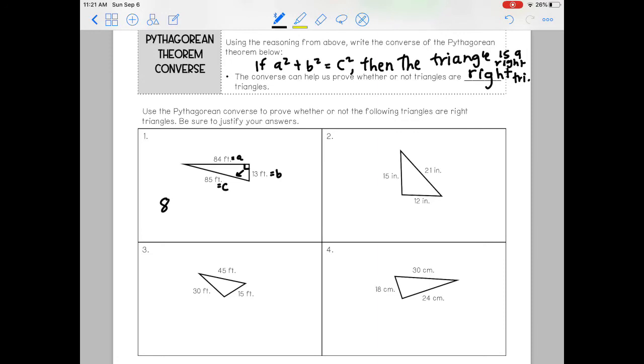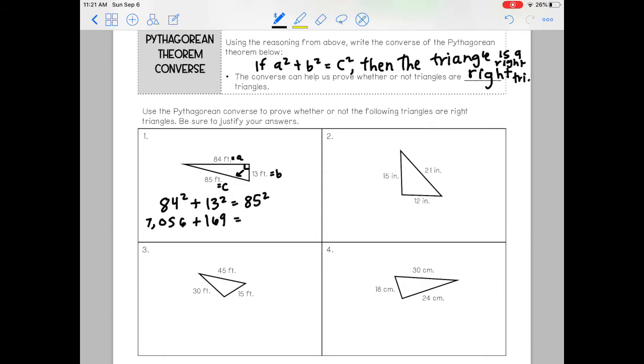So if A is 84 squared plus B is 13 squared equals 85 squared, well, we know that 84 squared would be 84 times 84, which is 7,056. And then B squared would be 13 times 13, which is 169.